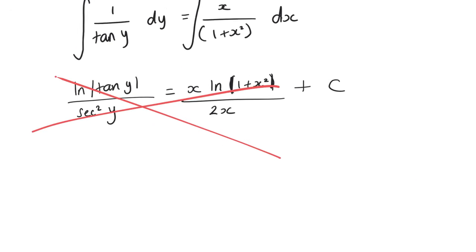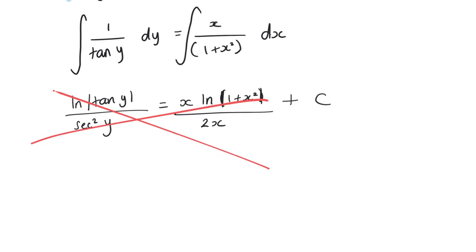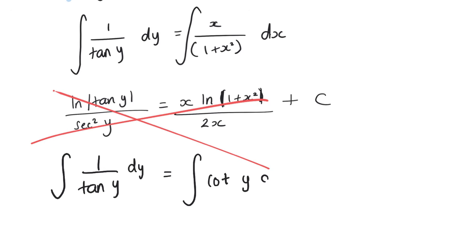So, let's have a look at the integral of 1 over tan y with respect to y. And let's just do one side first. We know that this is the same as the integral of cot y with respect to y, because 1 over tan is cot.